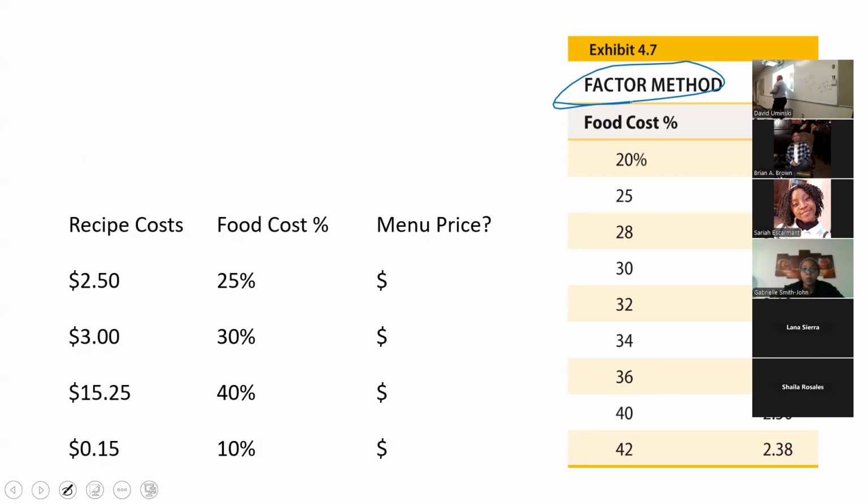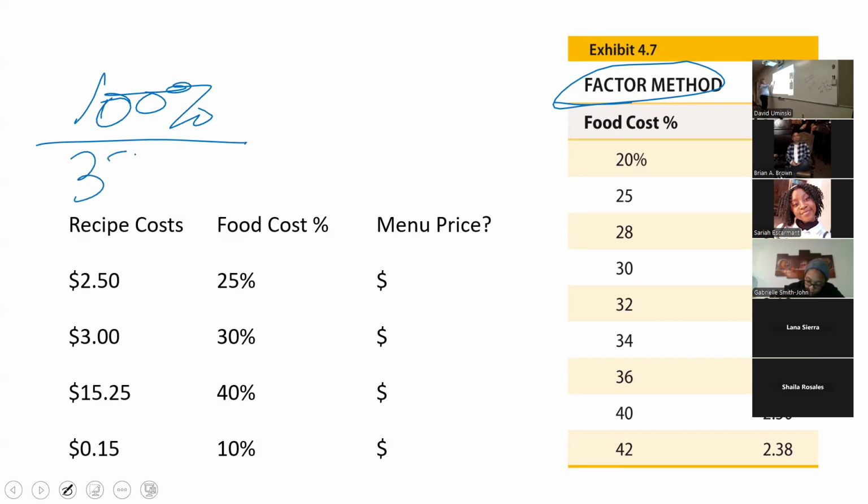To find our factor, we have to take 100% and divide by the desired food cost percentage. So whatever our desired food cost percentage is, we're going to divide by that. And so if I divide 100 by 33.3, Juan, what do we get? 100 divided by 33.3.